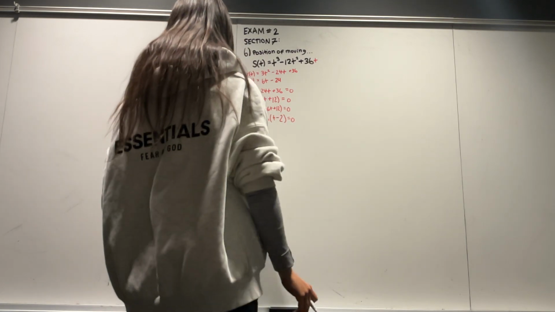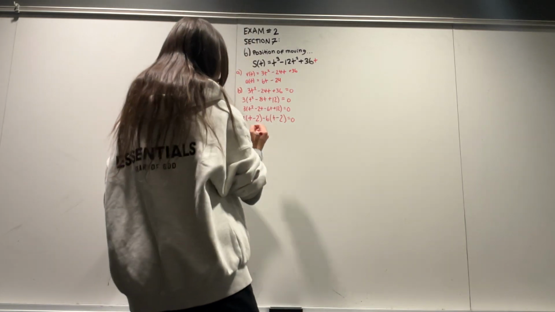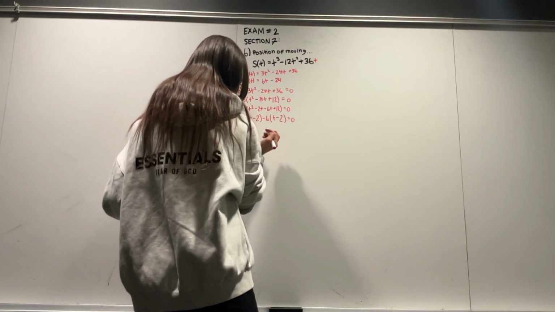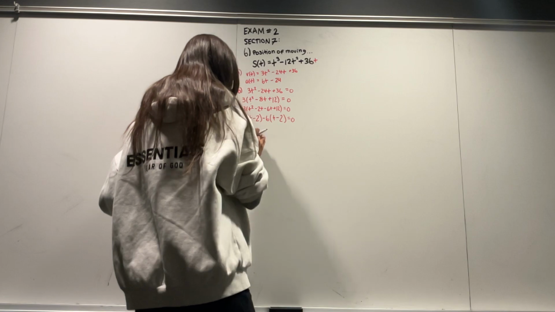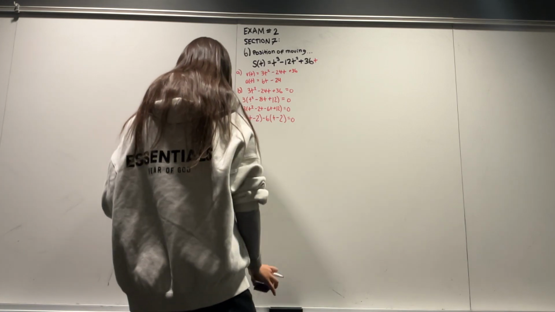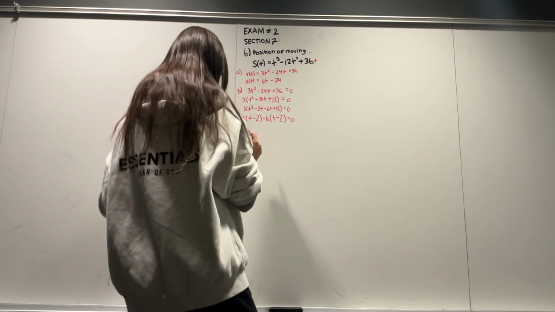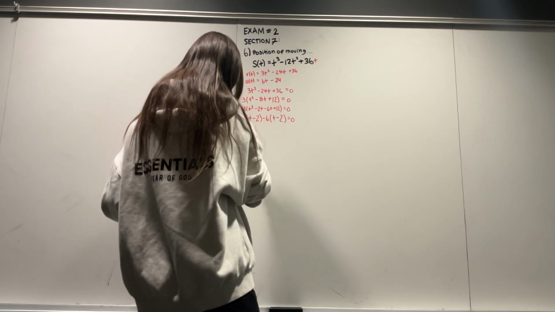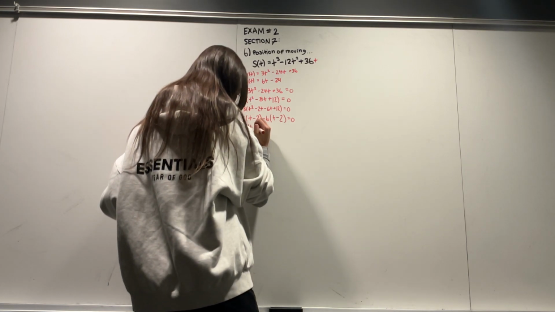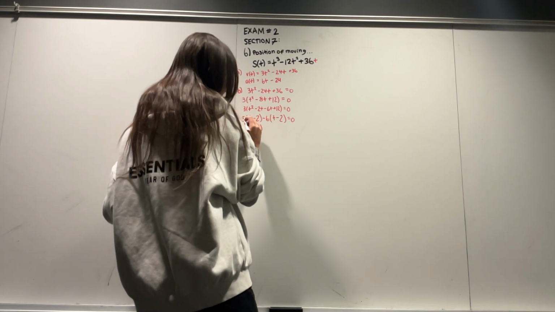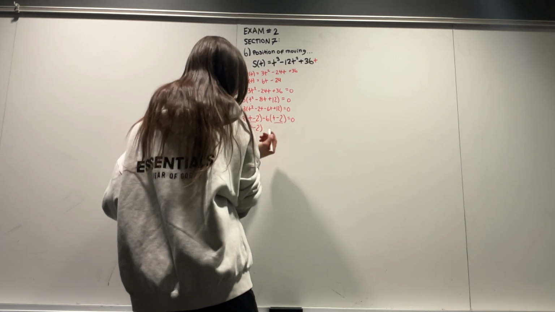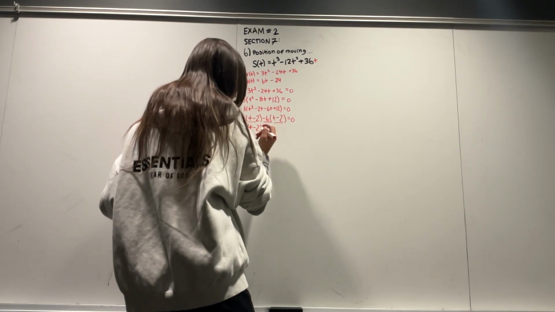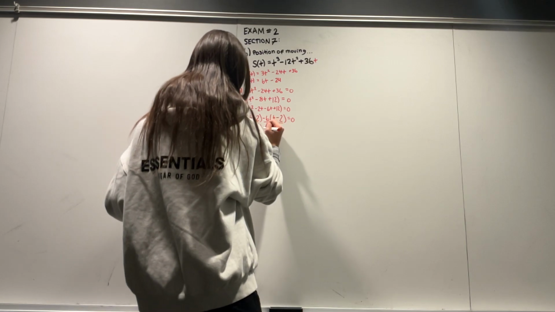So the factored form will finally be 3 times t minus 2 from here, and then we combine these to give t minus 6.